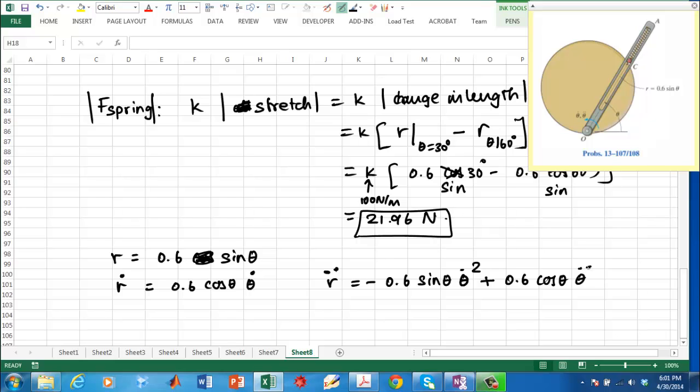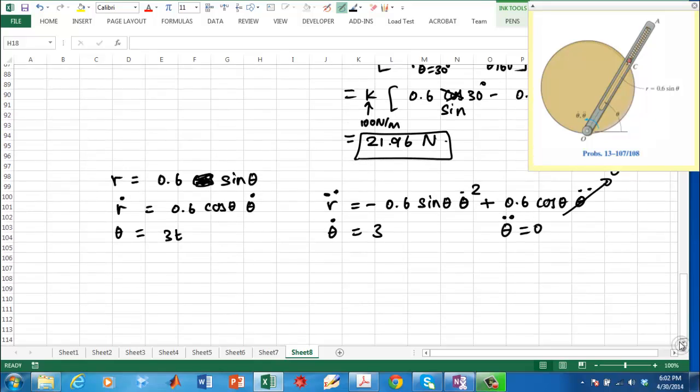It's just the chain rule. Theta is given as a constant speed of 3 radians per second, so theta dot is 3 and theta double dot is 0, so that term is gone, and it's pretty easy to calculate all these things.